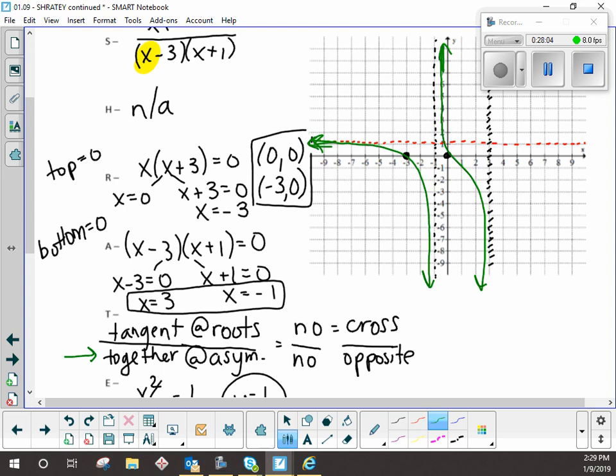Okay, so now I've gotten to my second asymptote. That factor that gave me that asymptote was not squared, so it's not coming together. It's doing the opposite. So if it's going down on the left side, what's it going to be doing on the right-hand side? Going up, okay, because that's the opposite.